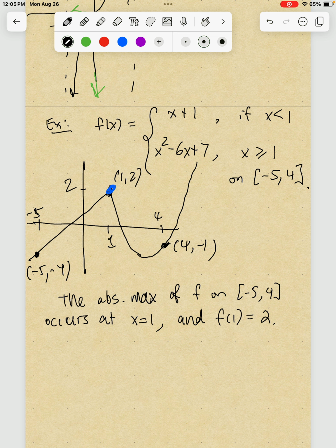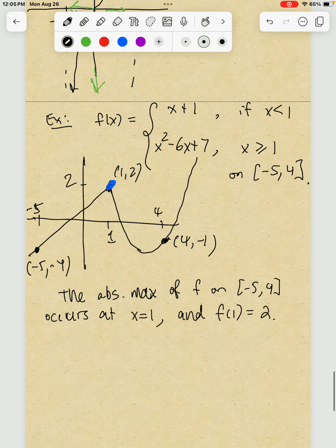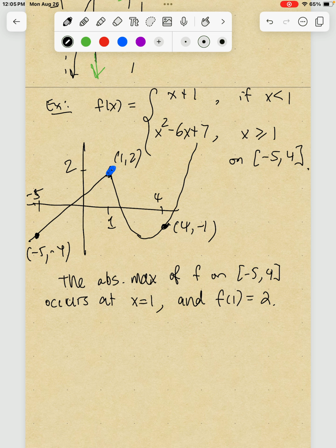What about the smallest? Is there a smallest y value on this closed interval? Yes, there is. It's here. This is the most negative value. Here we're just looking at the graph, right? This is the most negative it gets, and it's actually achieved.